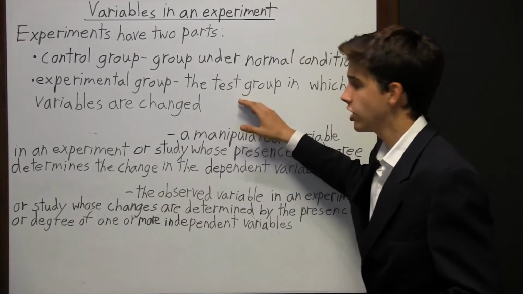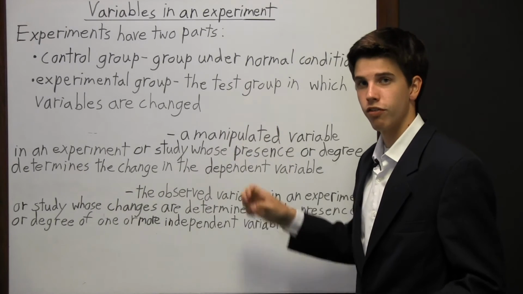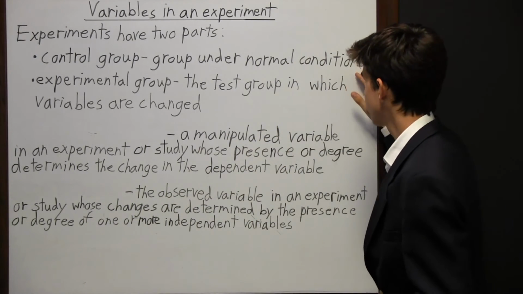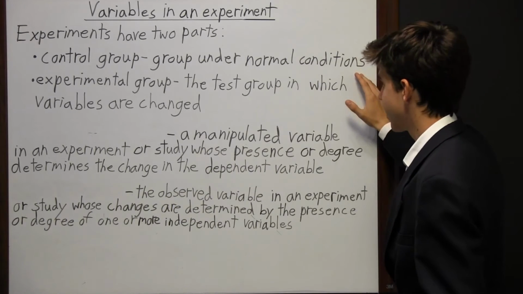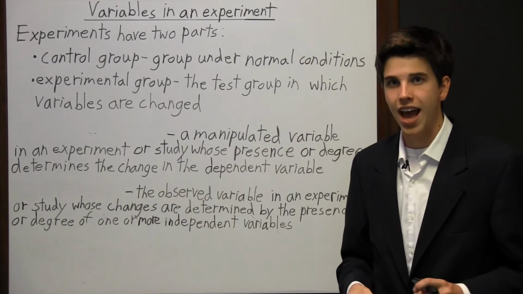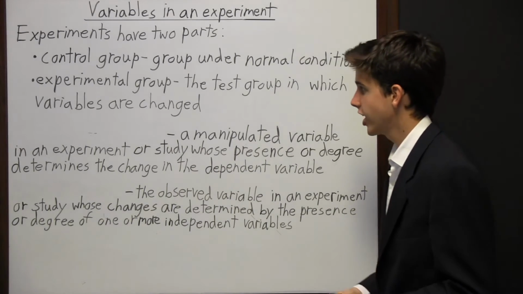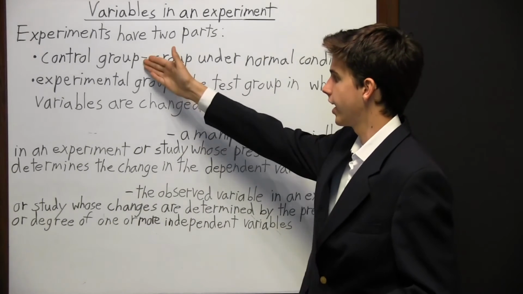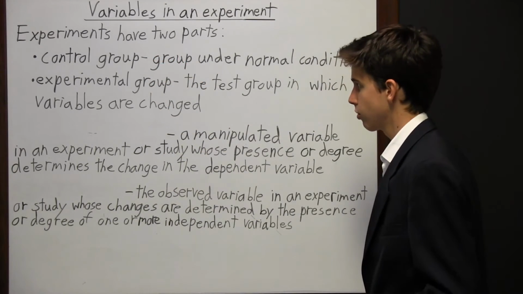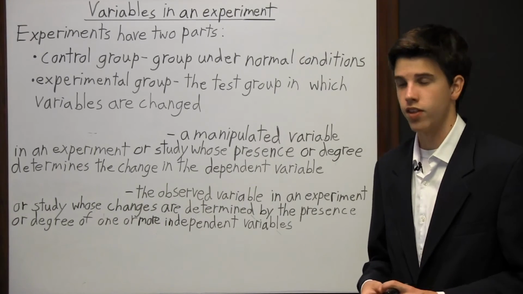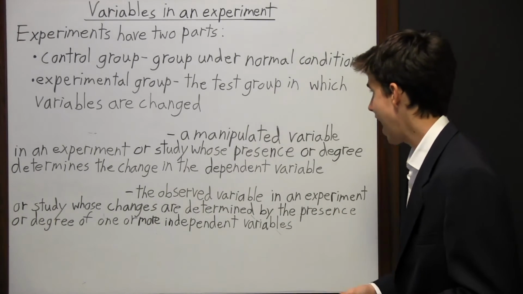So in other words, if you're changing variables here, you don't know what effect they're having because you don't have a normal group. So you start out with a group under normal conditions, and then you go to the experimental group where you only change one variable at a time. And so by changing that one variable, you get to compare the differences between the experimental group and the control group. So we're looking at cause and effect here, because you have one variable that's going to cause other things to happen.